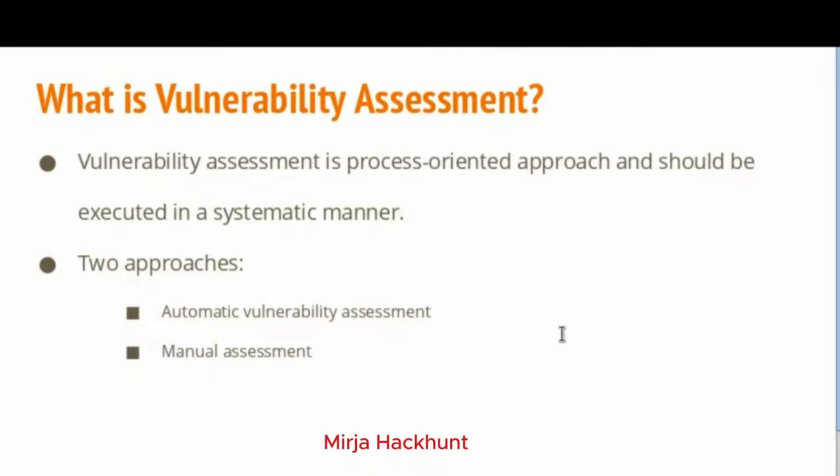The manual approach is not as comprehensive as a tool-based approach and will be more time consuming. The kind of checks that are performed by a vulnerability assessment tool can also be done manually, but this will take a lot more time compared to the automatic vulnerability assessment process.